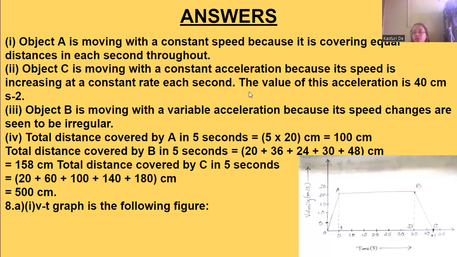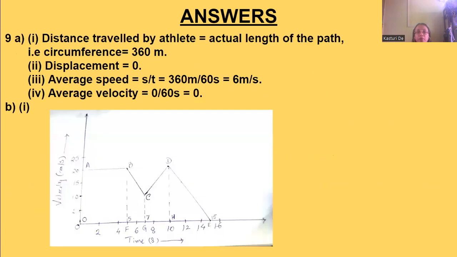We need to find the area of this figure, which will give us the height of the building. So first is OAE, then ABDE, and then BDC. This forms the total area of the figure, which gives the height of the building.